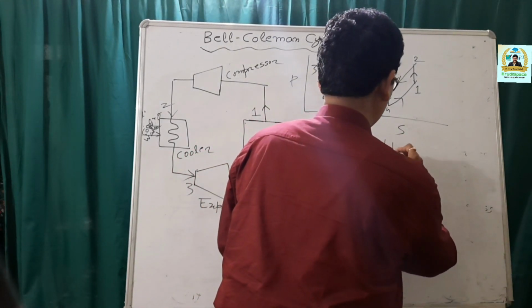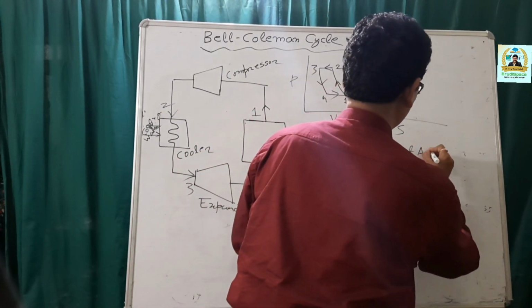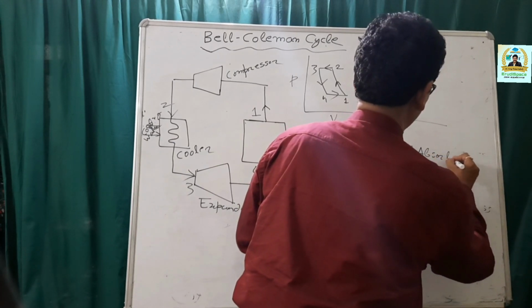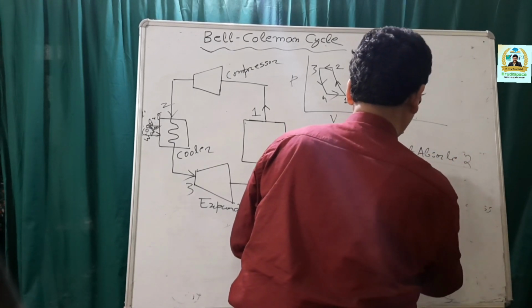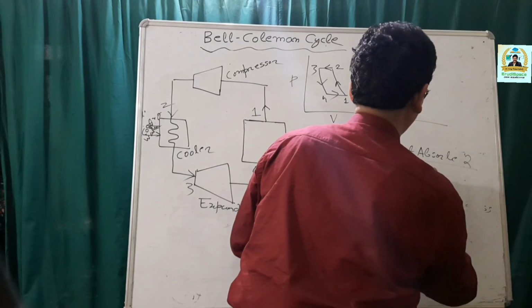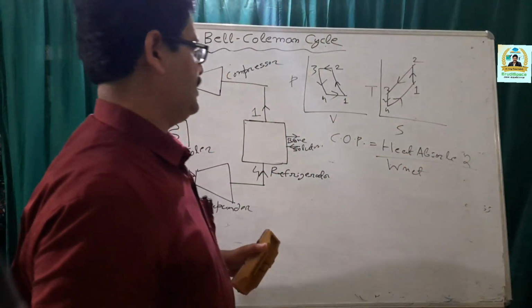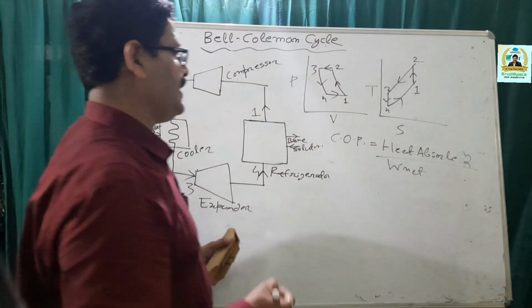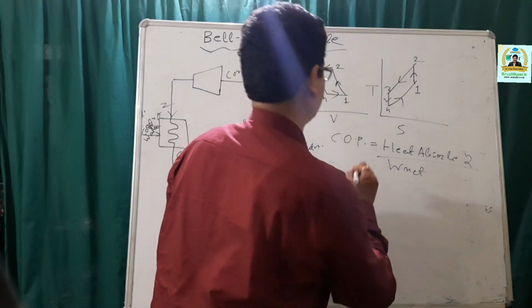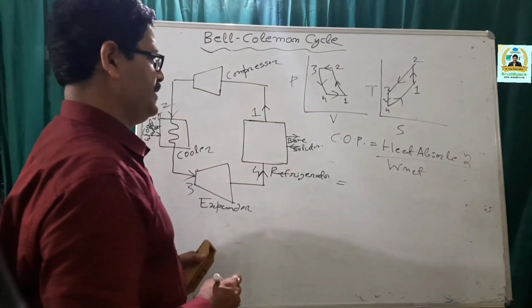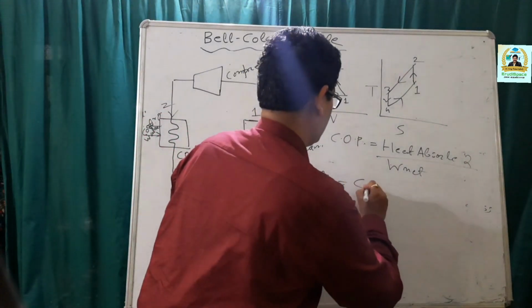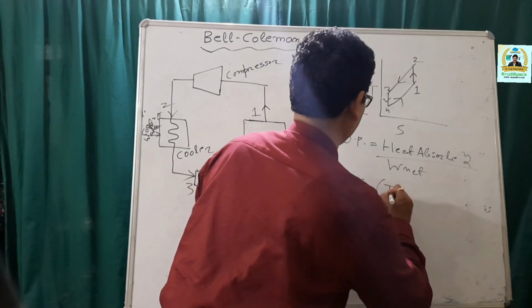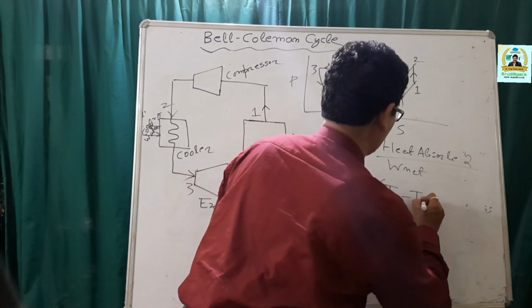So, heat absorbed divided by net work done or W net. Heat absorption is taking place in process 4-1. So, this is Cp multiplied by T1 minus T4.